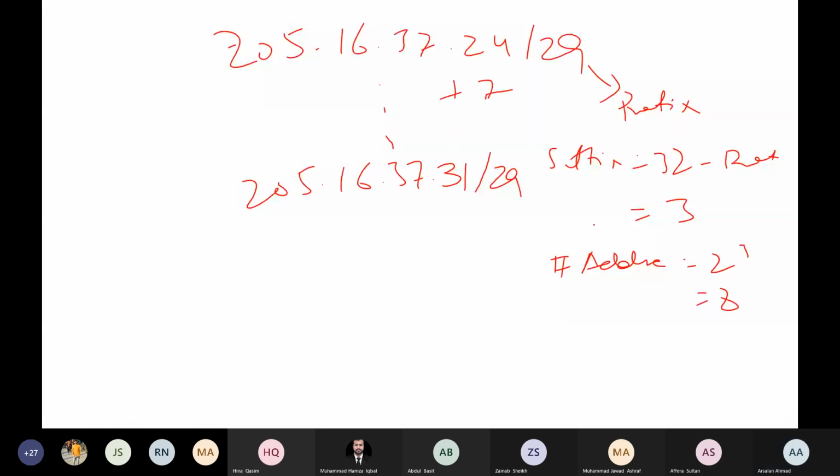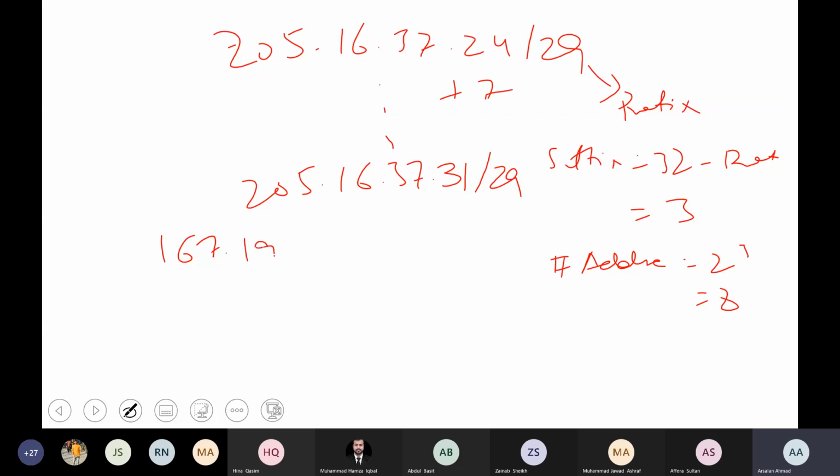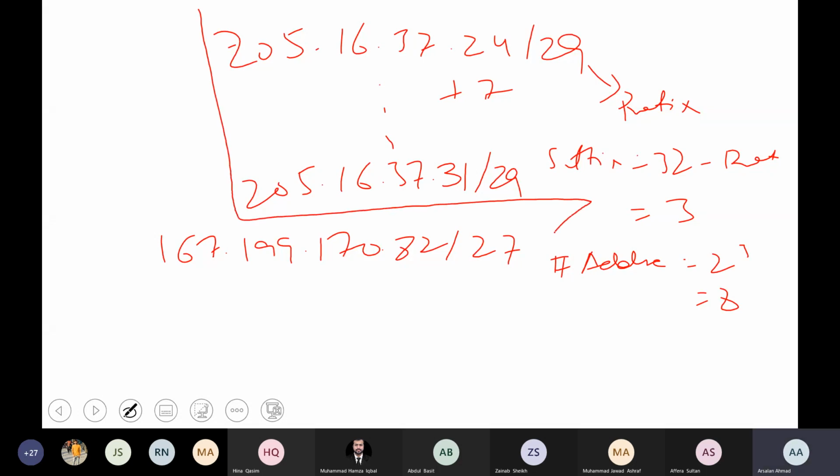167.199.170.82/27. Okay, this is the address. Can you tell the network address?